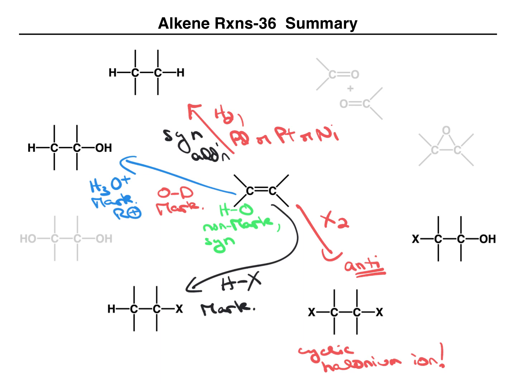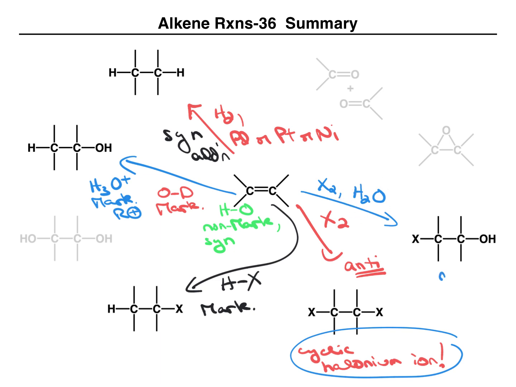And finally, in a related reaction, if we have our alkene and we treat it with X2 in the presence of water, the same thing happens where we get a cyclic halonium ion intermediate, but instead of the second X- adding, water is going to add as the nucleophile.